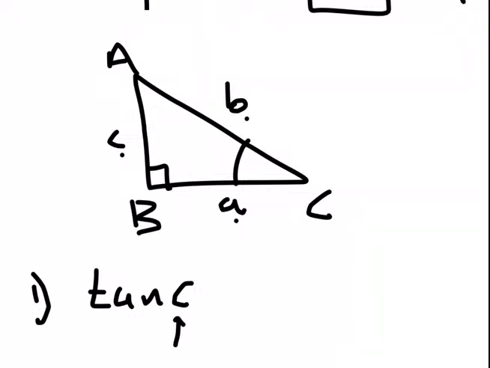Then now we know what the reference angle is. Then you can just say tan, what I know is opposite over adjacent. My battery is low. Okay, let me resume. Tan angle C is equal to opposite over adjacent.